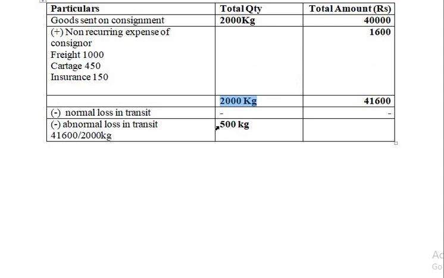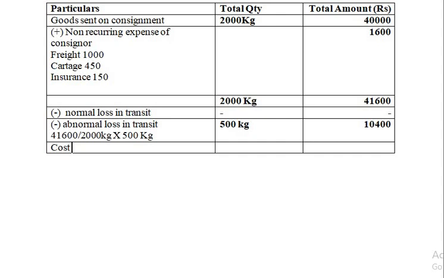Then how much for 500 kg? So 41,600 divided by 2000 kg, then multiplied by 500 kg. You will get 10,400 rupees.